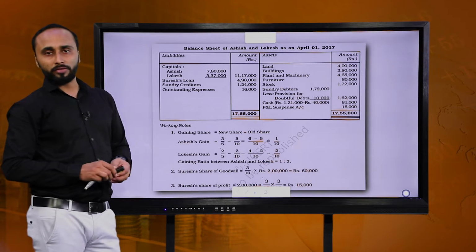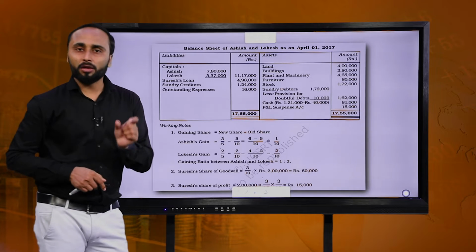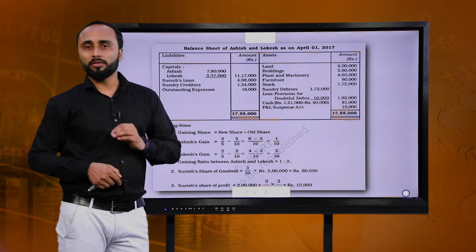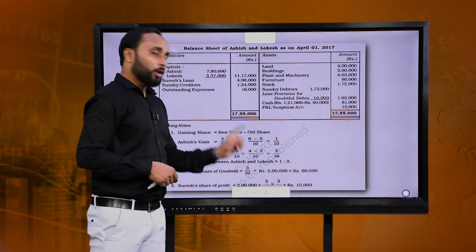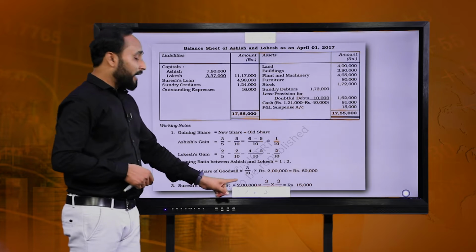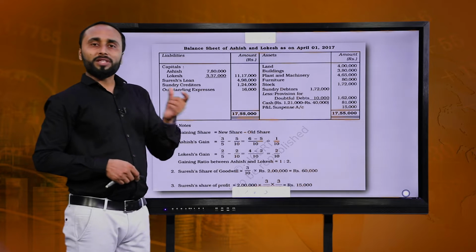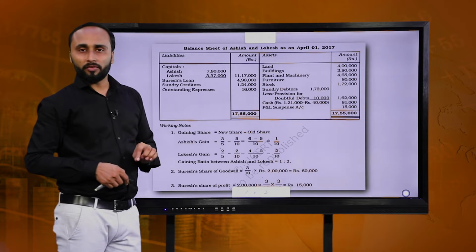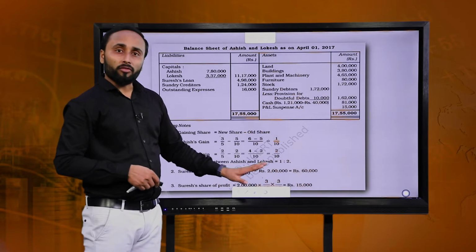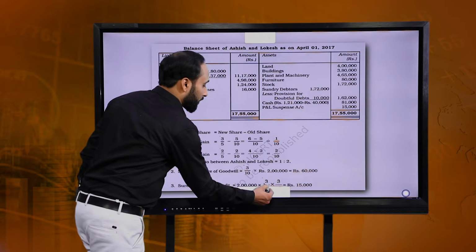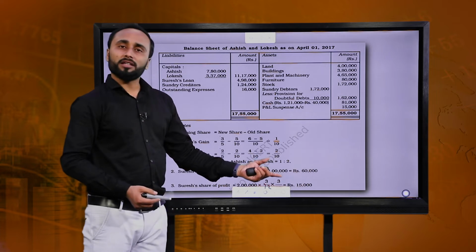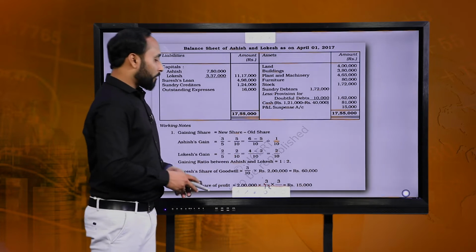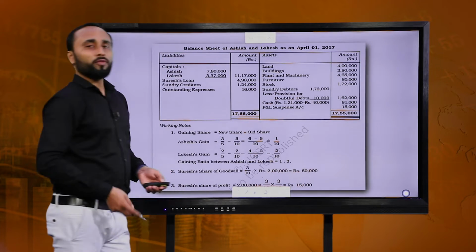This is the share of the profit for the particular number of months for which the partner was there in the firm. 15,000. How did we get it? We multiplied previous year's profit with the number of months, 3 months for which the partner was there in the firm, and divided it by 12, right? Then we multiplied the resultant amount with the share of the retiring partner, and we got 15,000.